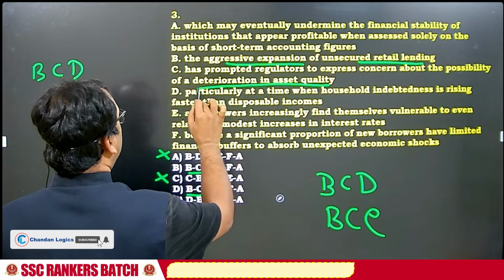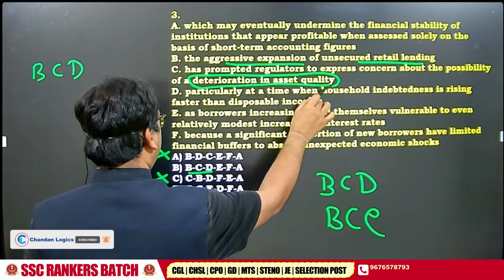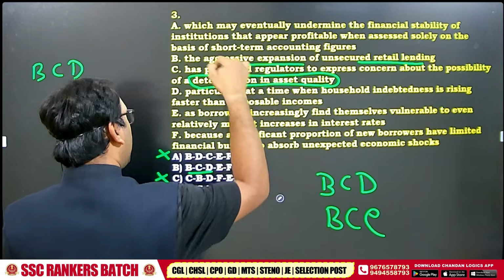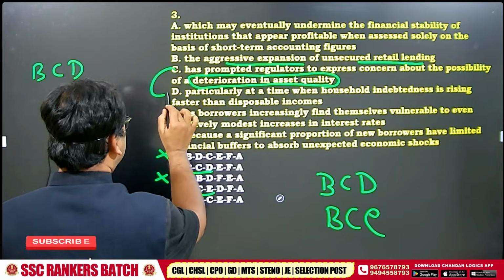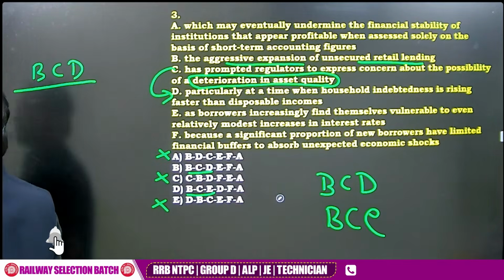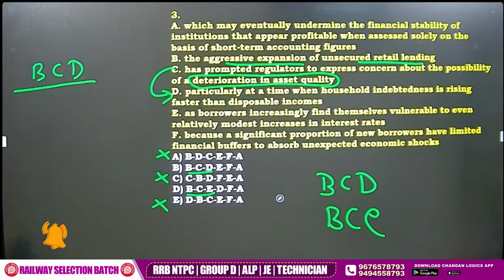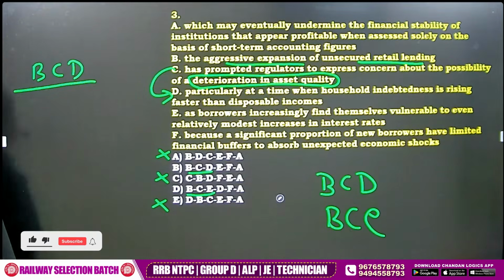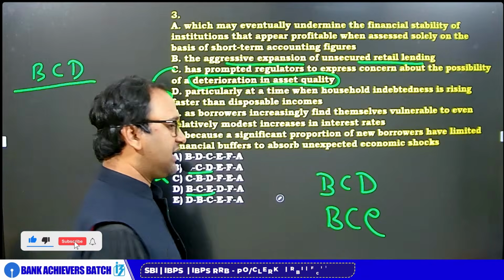See, here you said deterioration of asset quality. This problem happens particularly when income is less and expenditure is more. Perfect. Your understanding is important here.